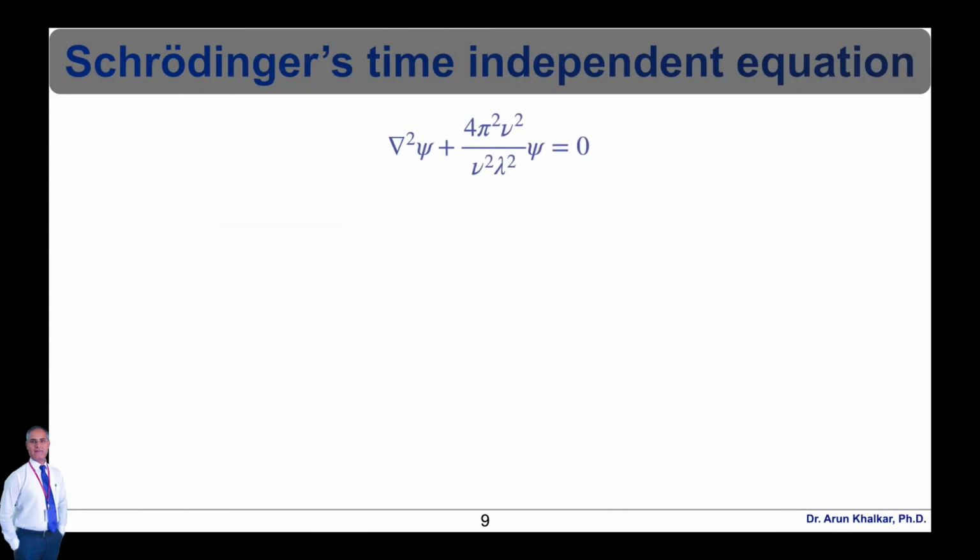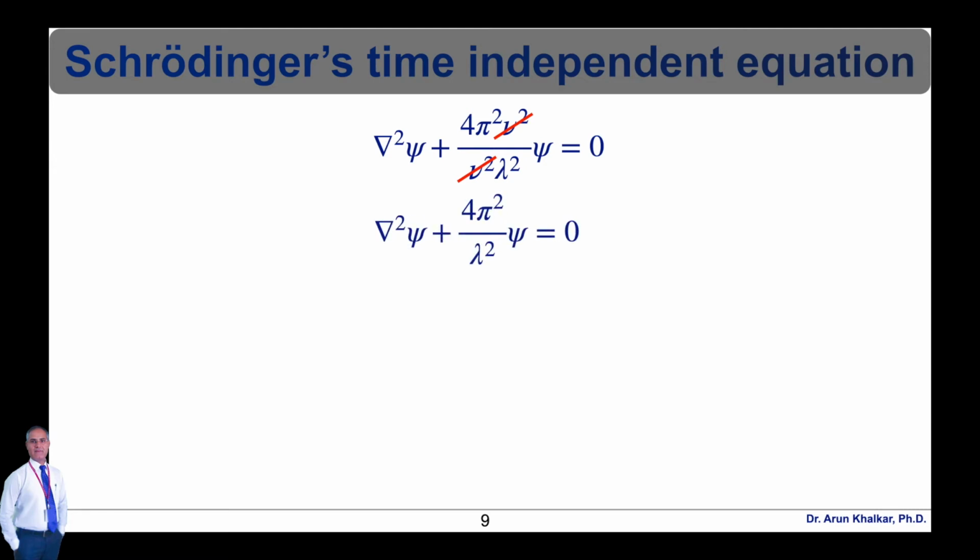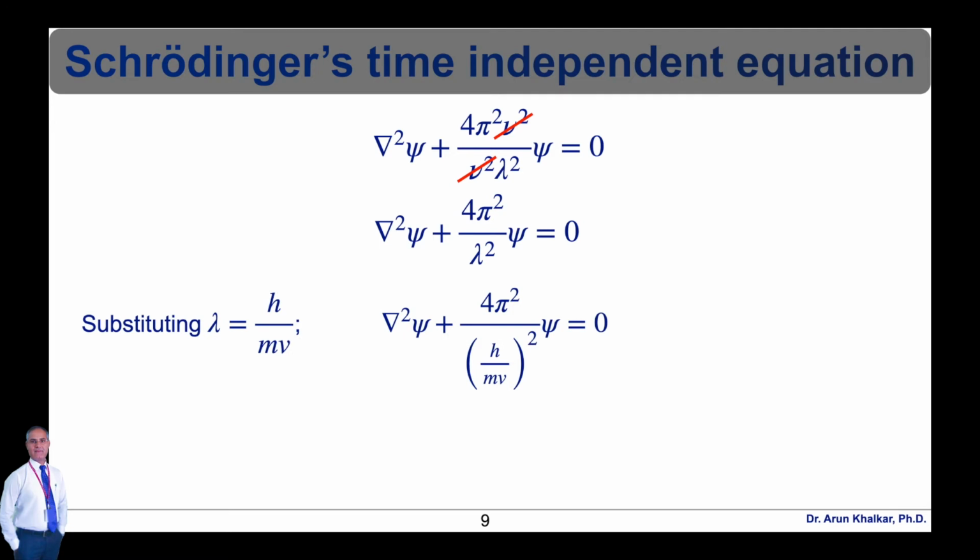Therefore, ∇²ψ + 4π²ν²/(ν²λ²) × ψ = 0. Cancelling the same term, that is ν², we can write ∇²ψ + 4π²/λ² × ψ = 0. Let's substitute λ = h/mv, that is the de Broglie wavelength.